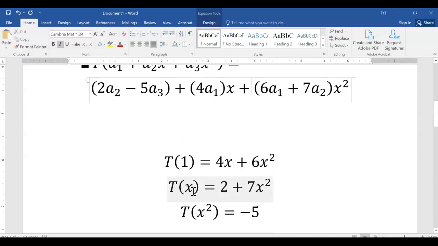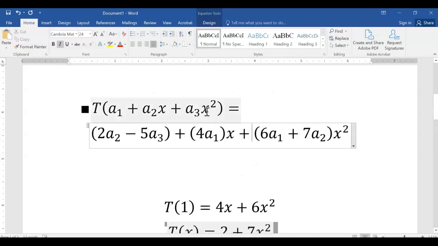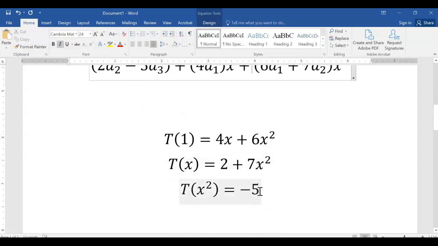That's what you get when you plug in an x. When you plug in an x squared, a3 is 1, a1 and a2 are both 0. So you get negative 5 times a3, which is negative 5, and then everything else is a 0. So you just get negative 5.